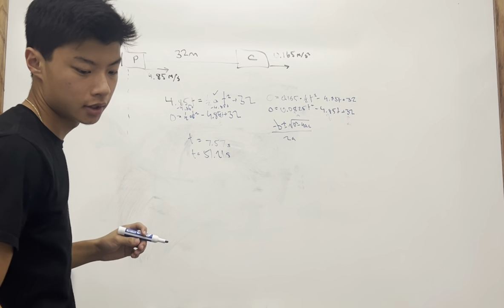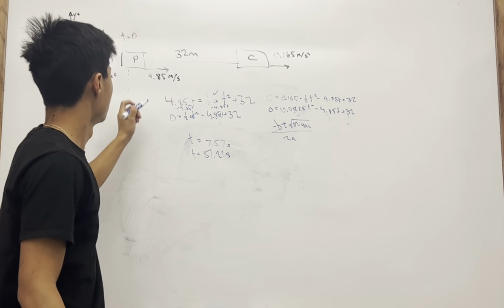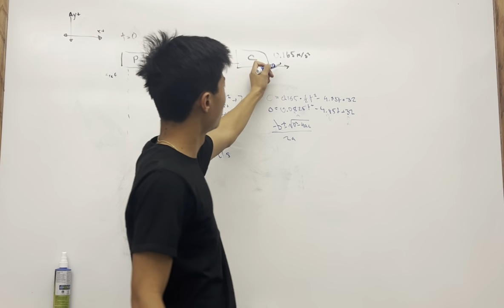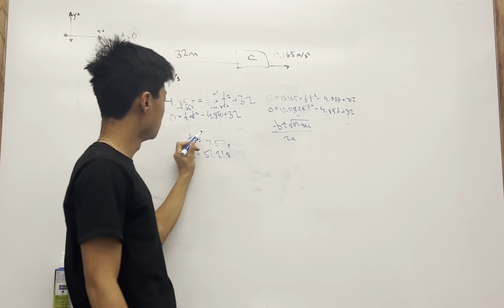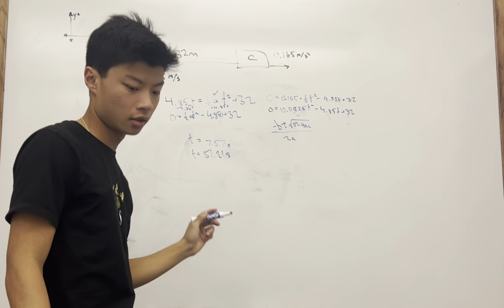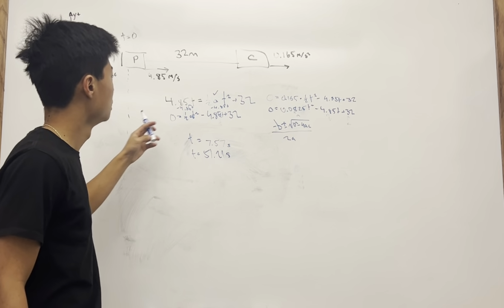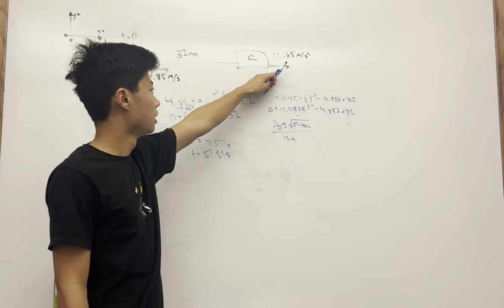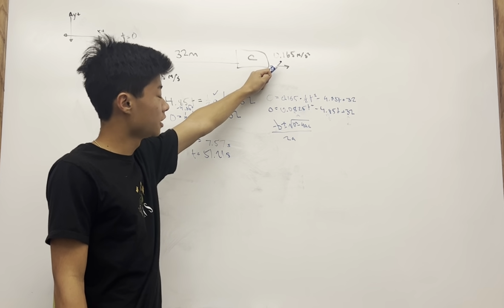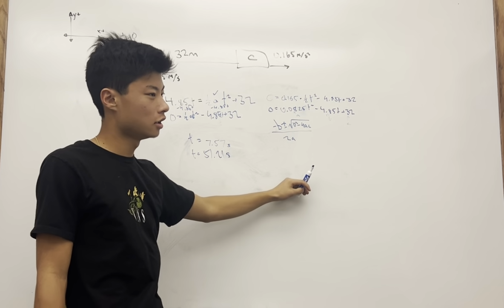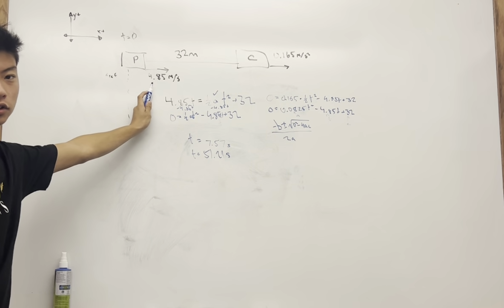So we can choose either the puppy or the car from when we use the time. Now, because this is accelerating, we can calculate the two positions, but it's easier if we choose something that's constant.